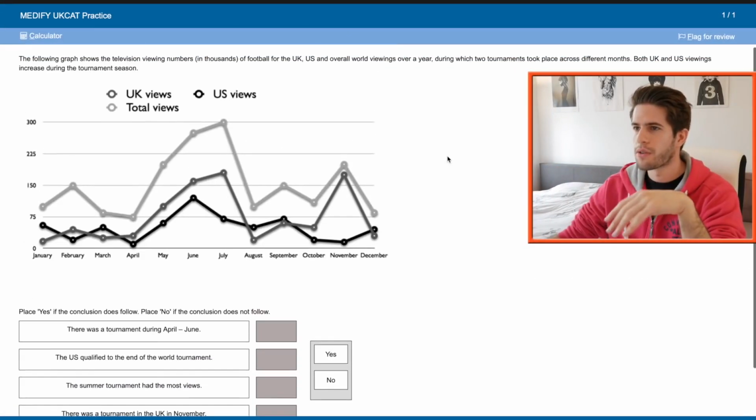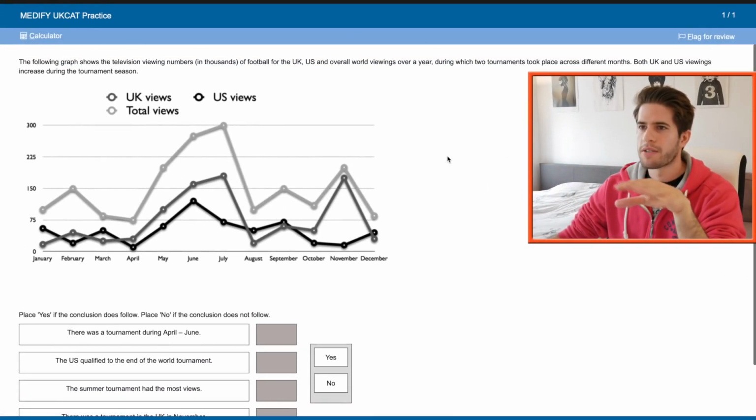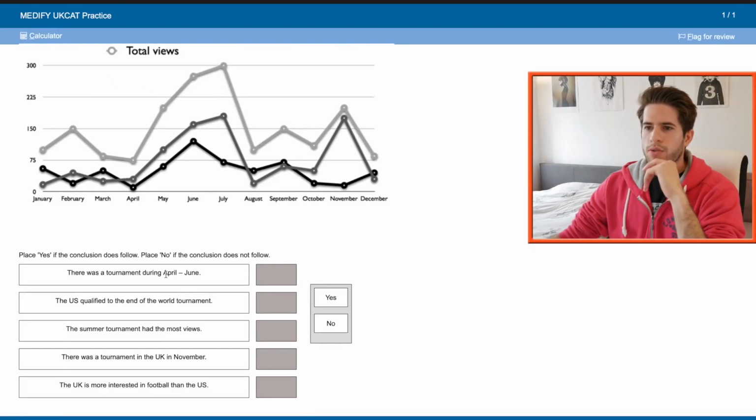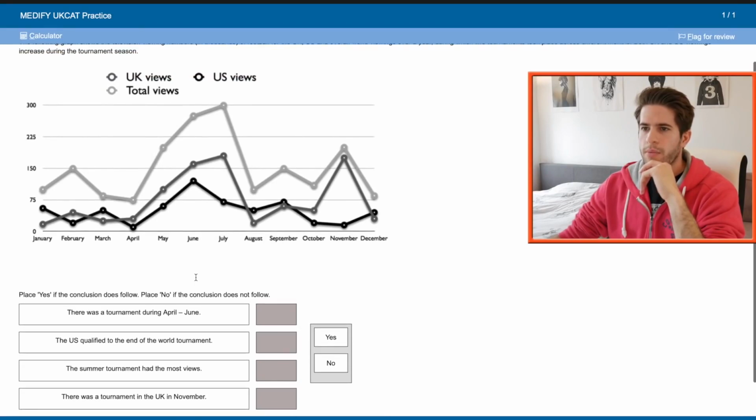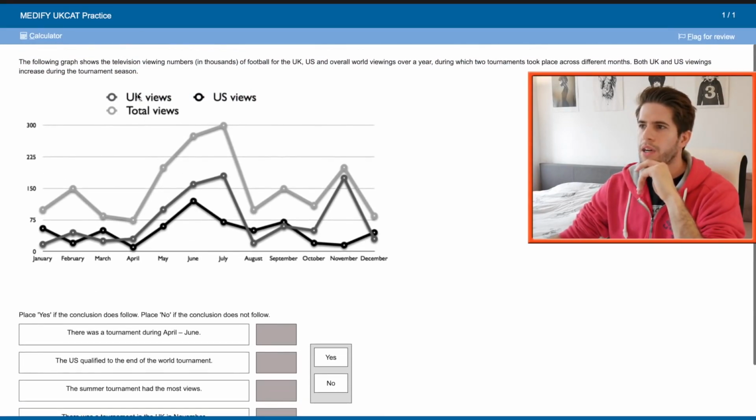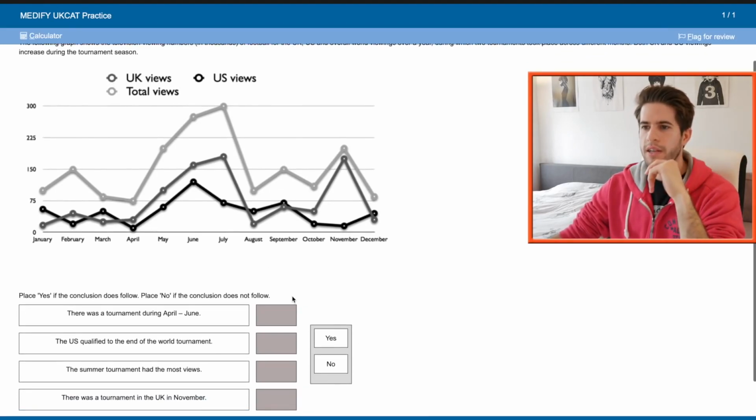Next question involves a graph. Just a quick browse here because it's a short paragraph. Television views in thousands for a year, 2 tournaments, different months, views increase. Okay. There was a tournament during April to June, views increased. Okay. Both UK and US viewings increased during the tournament season, so then yes.